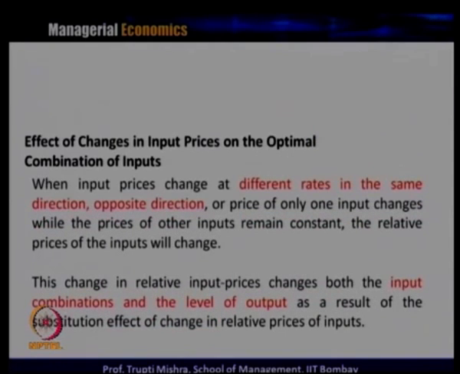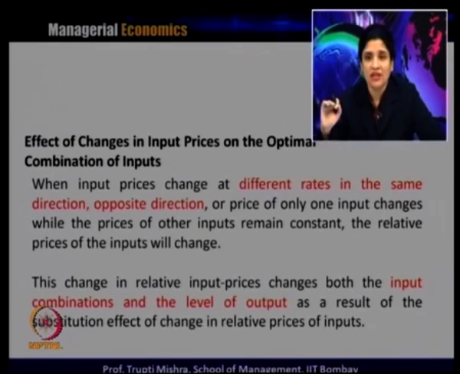But when input prices change at a different rate in the same direction or in the opposite direction, or the price of only one input changes while the price of the other input remains constant, the relative price of inputs will change.